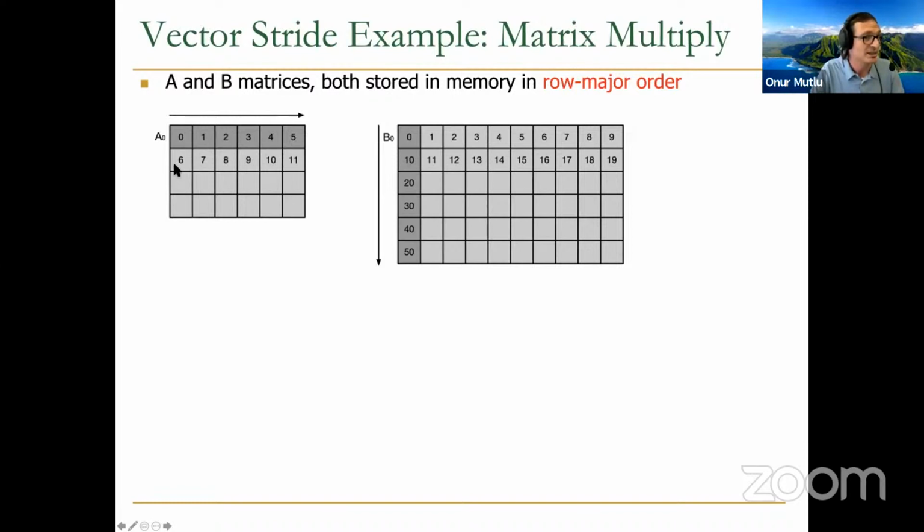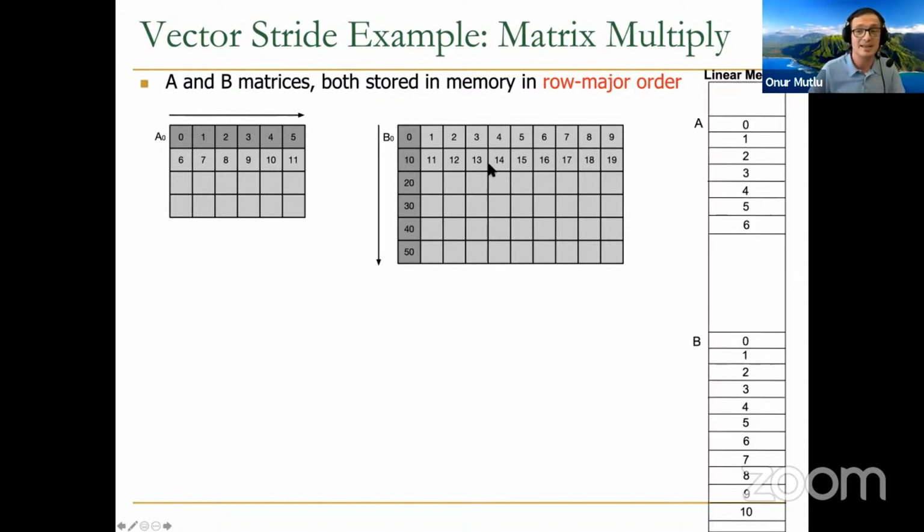So this is row major. If you were doing column major, consecutive elements in a column would have been in consecutive locations in memory. So this wouldn't look like this. This would have looked like 0 here, base plus 1 over here, 2 over here, 3 over here. So column major says consecutive elements in a column are stored in consecutive locations in memory. B0 is also stored in row major, as you can see.